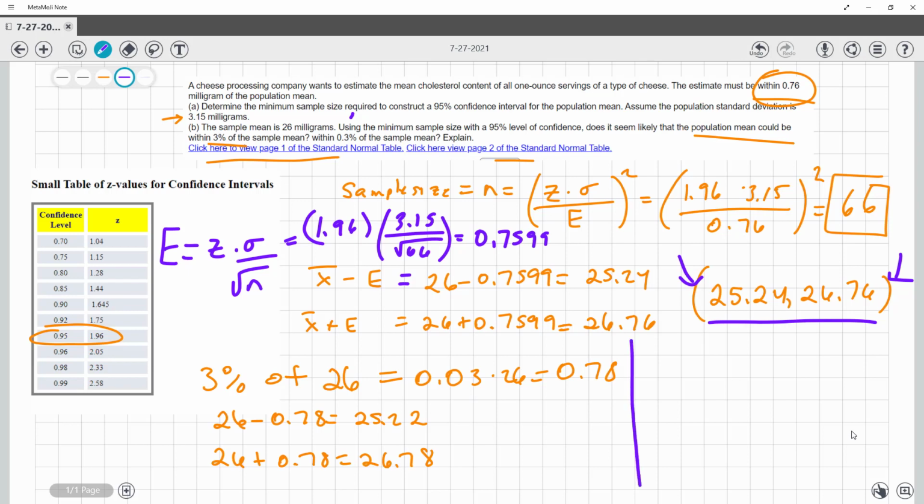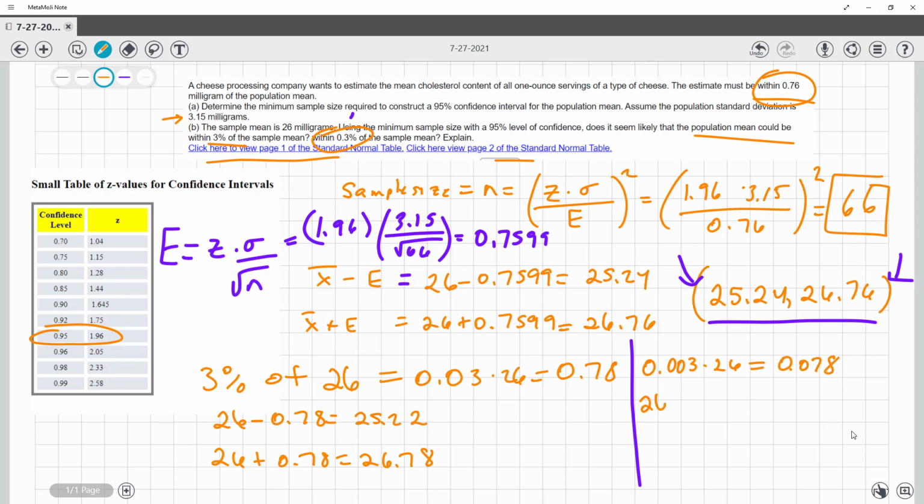You do the same thing with the 0.3%, which now is 0.003 times 26, which gives me 0.078.